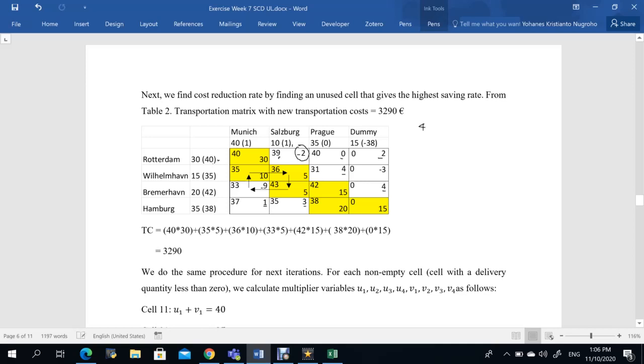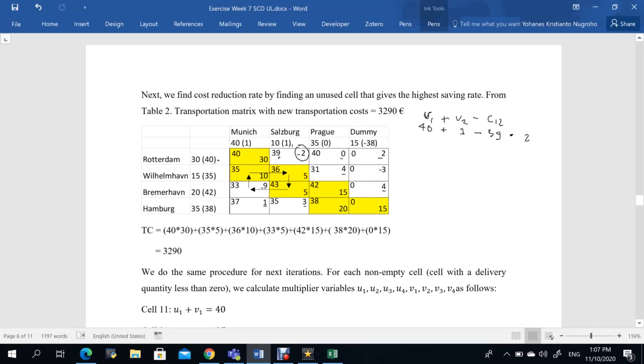So it's called U number 1 plus phi number 2 minus the current cost at 1,2. So 40 plus 1, and then minus 39 equals 2, right? It is minus because we have saving at 2, meaning that we can reduce the total cost of transportation by 2. Therefore, it is minus.